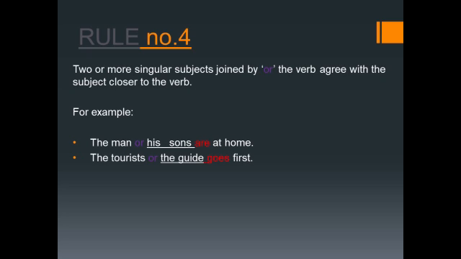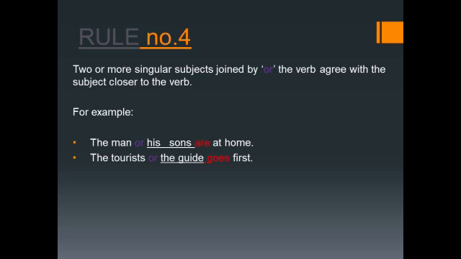Rule number 4. Two or more subjects joined by or, the verb agrees with the subject closer to the verb. For example, the man or his sons are at home. Here in the sentence, sons is a plural subject and closer to the verb are, which means are is a plural verb.